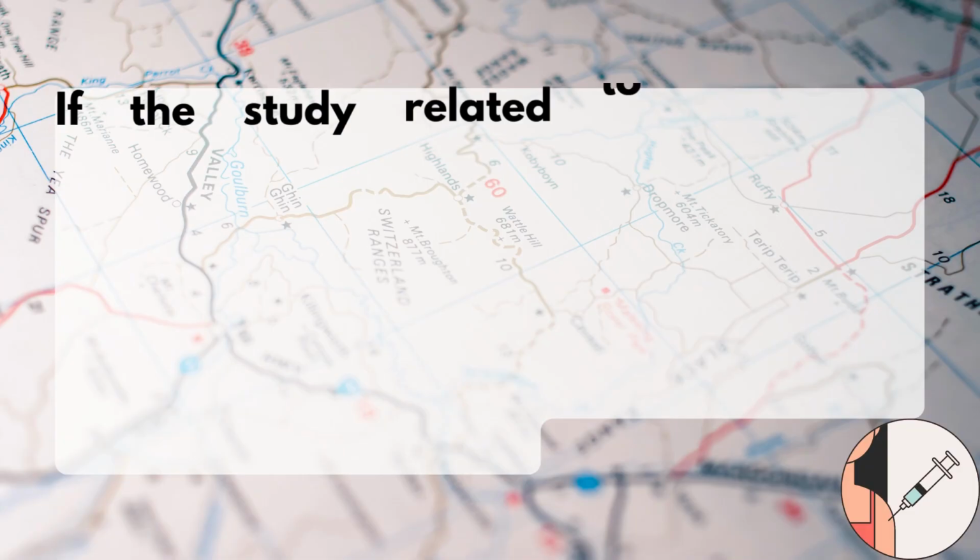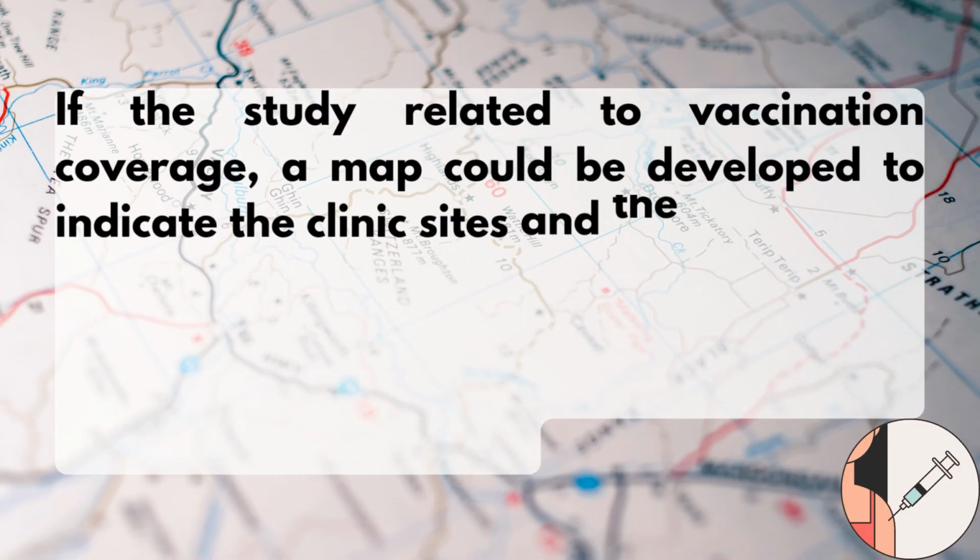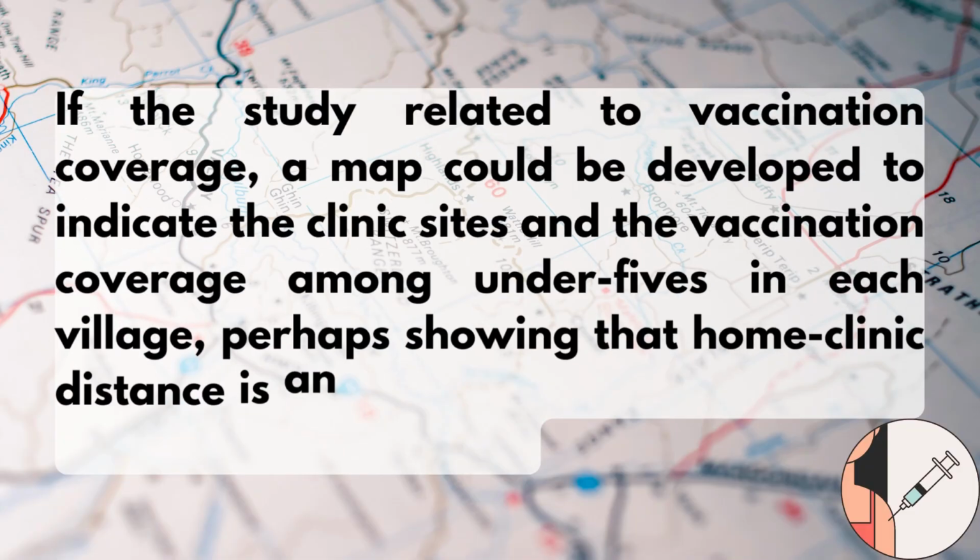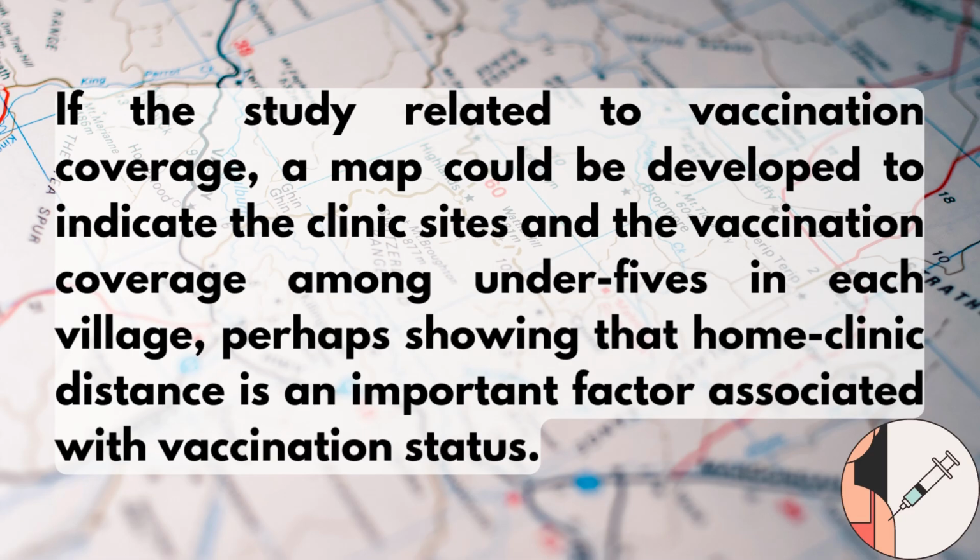If the study relates to vaccination coverage, then a map could be developed to indicate the clinic sites and the vaccination coverage among under-5s in each village, perhaps showing that home-clinic distance is an important factor associated with vaccination status.